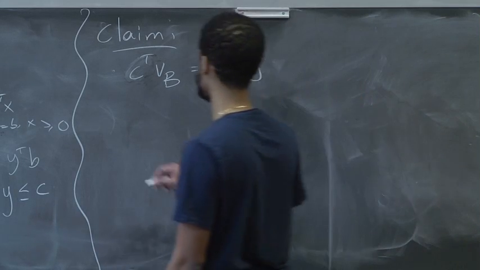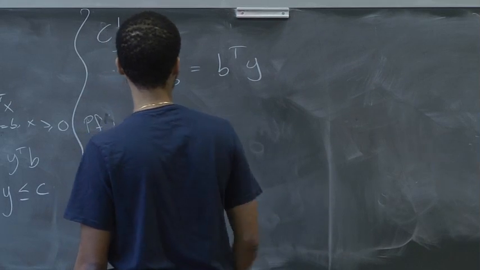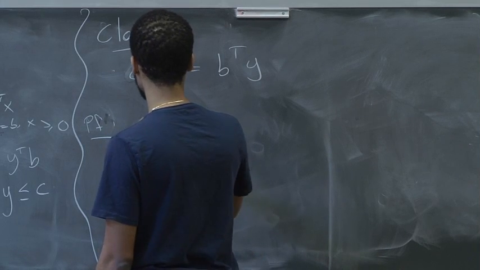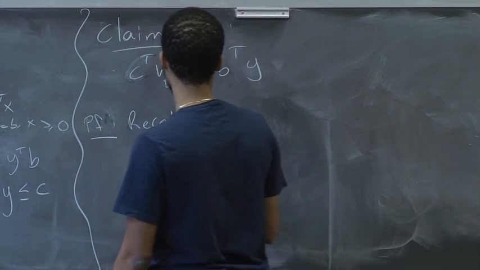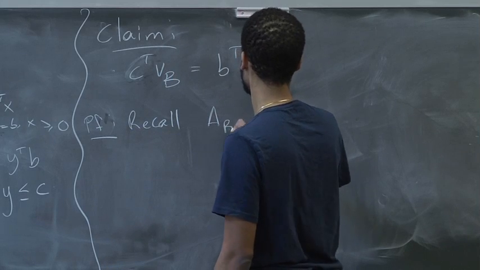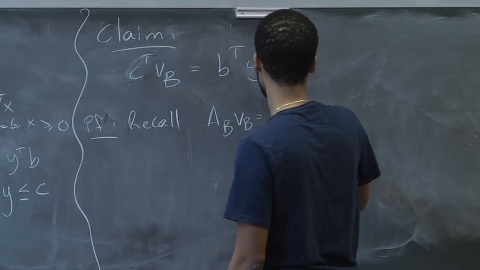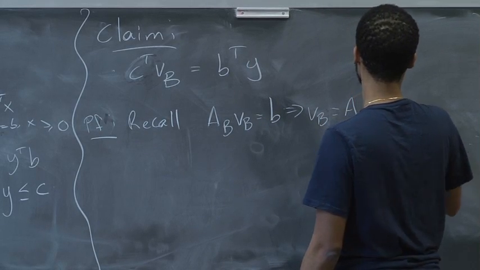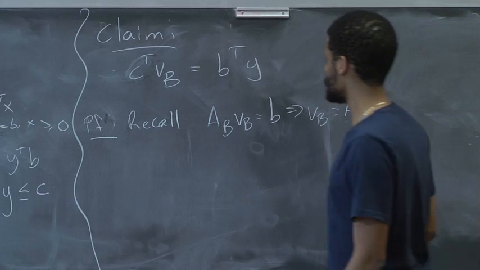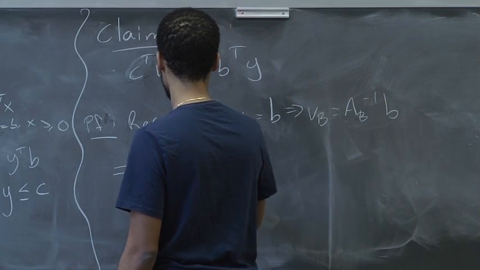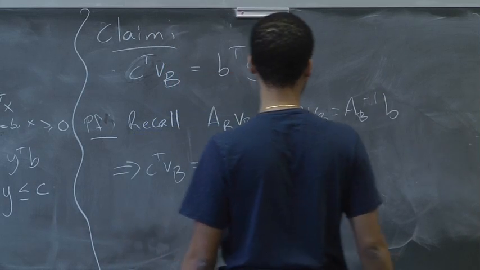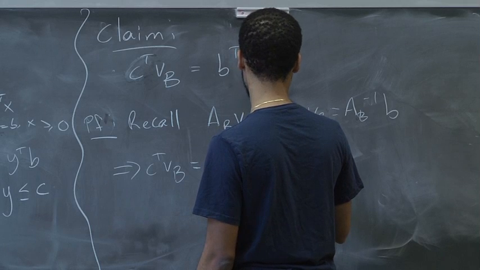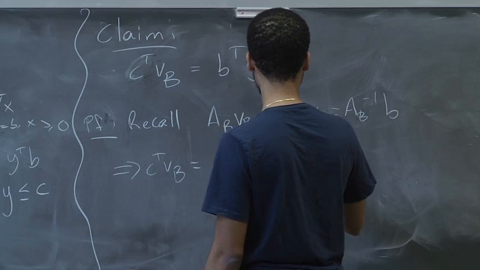So proof of this. Remember, we have that A_B v_B equals b, which implies that v_B is equal to A_B inverse b. So this implies that c transpose v_B equals c transpose A_B inverse b.